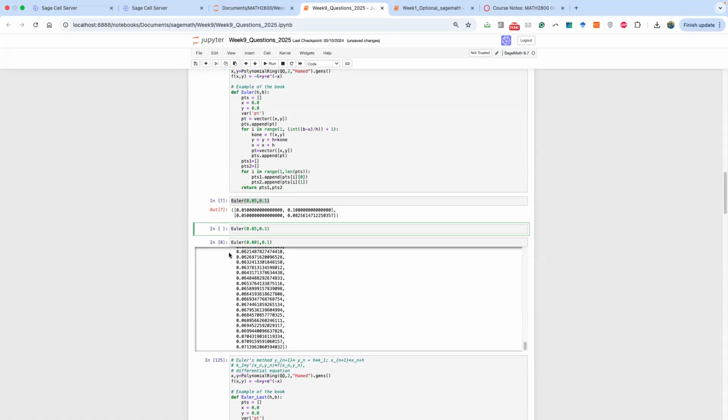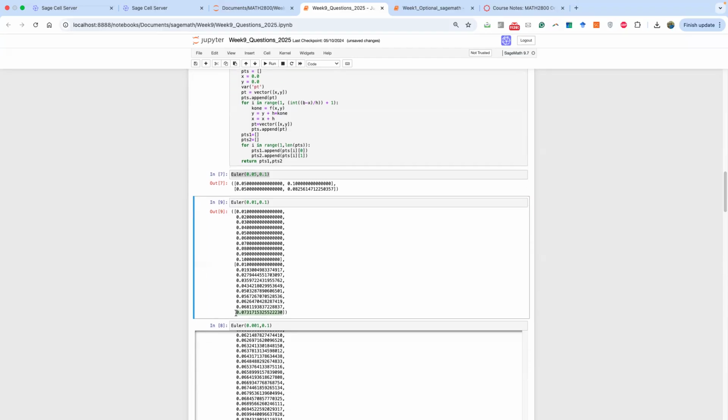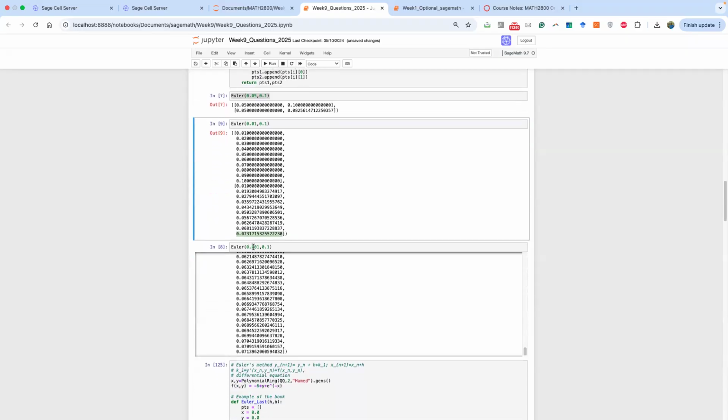It's just 1. So the answer using 2 steps will be 0.082. The answer using 100 will be 0.073, and the answer using 0.01, or 1 over 1000, will be this guy.